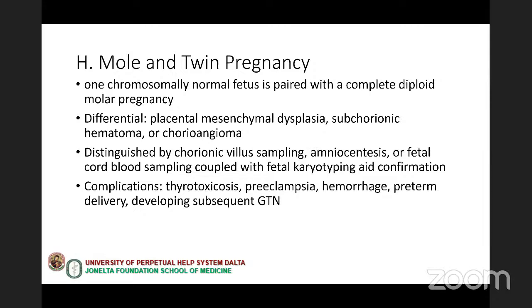So this may be distinguished by a chorionic villus sampling, amniocentesis, or fetal cord blood sampling coupled with fetal karyotyping and confirmation. So complications: thyrotoxicosis, preeclampsia, hemorrhage, preterm delivery, and developing subsequent neoplasia.